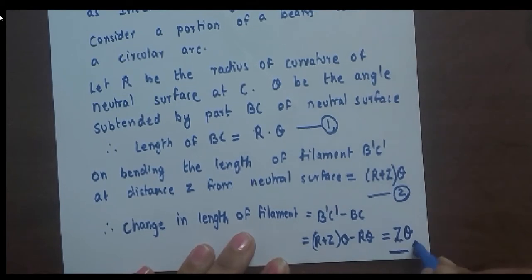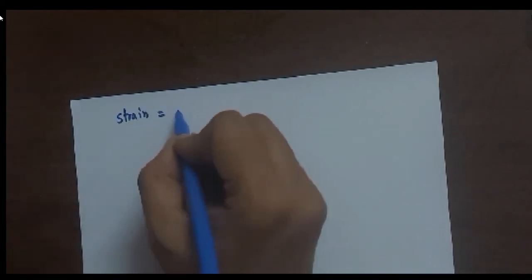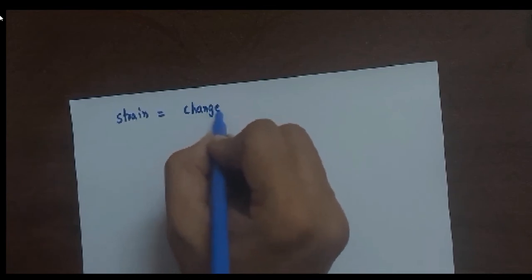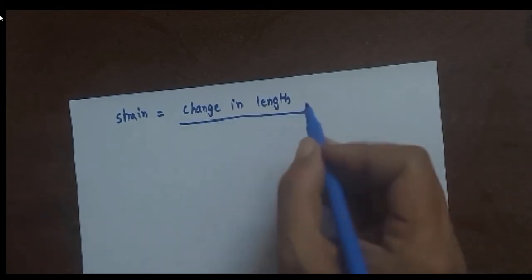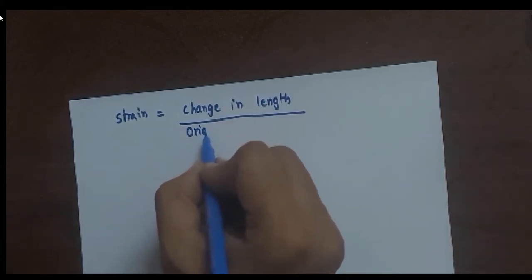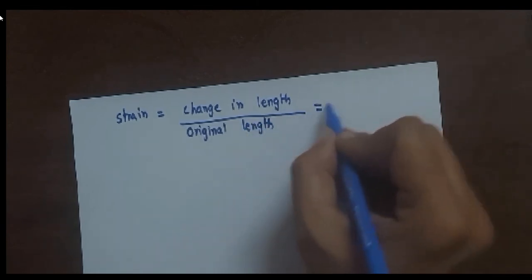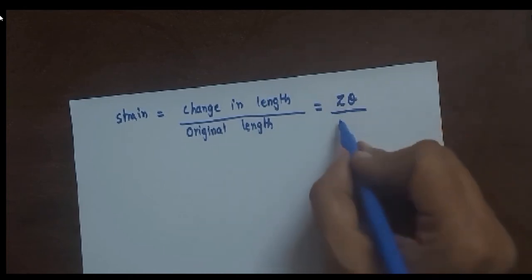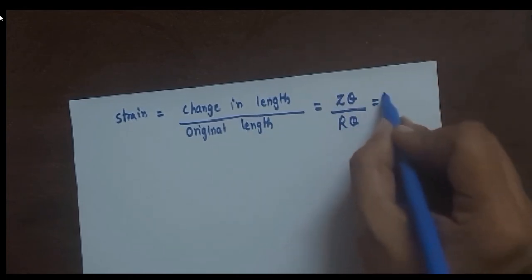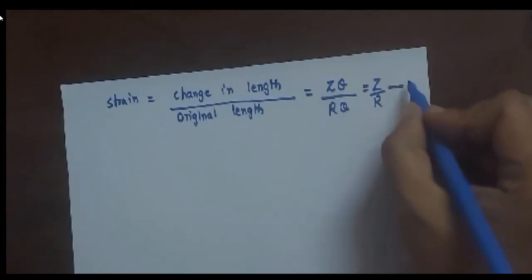Equation number 3. Therefore, strain is equal to change in length divided by original length. We know the change in length is Z theta, divided by the original length R into theta, which is equal to Z by R. Equation 4.